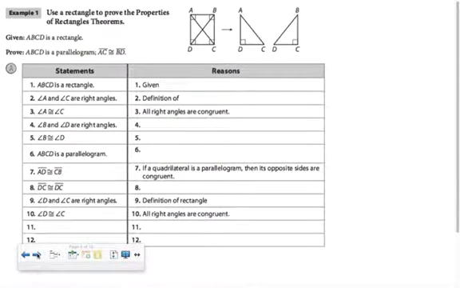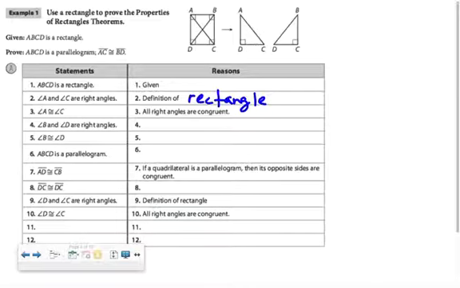So here we're proving it, and as we go through this proof, I hope that you'd notice that I'm saying a lot of the things that I've already said. We're given that this is a rectangle, and that means that angles A and C are right angles by the definition of the rectangle. And that means angle A is congruent to angle C because all right angles are congruent.